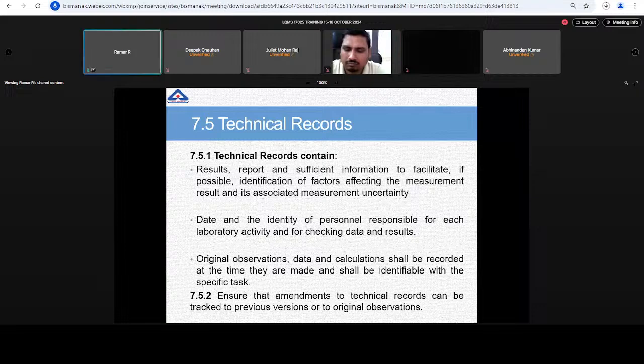And as per clause 7.5.2, the amendment to test results. Whatever your observations or final results, they may be revised or amended, for any reason. Maybe the personnel performing the activity mistakenly recorded some value and realized it is a mistake, then he may change the value.